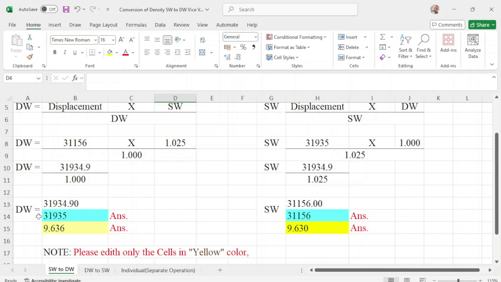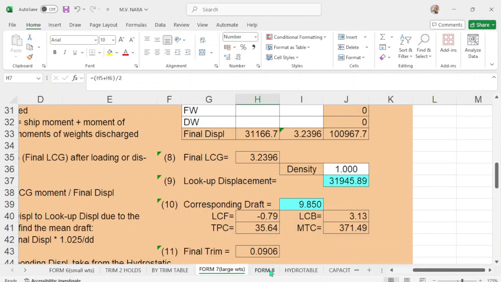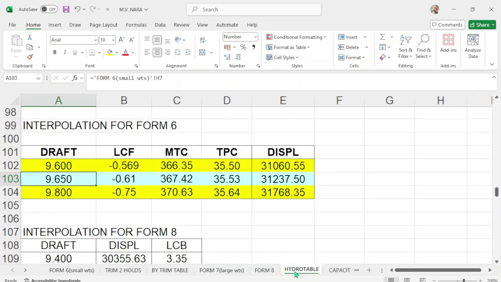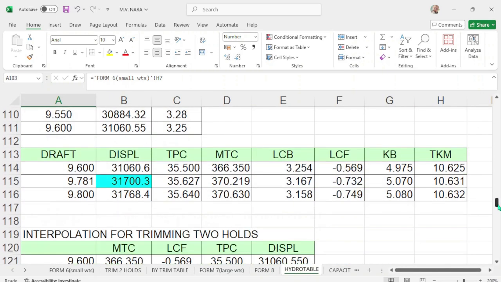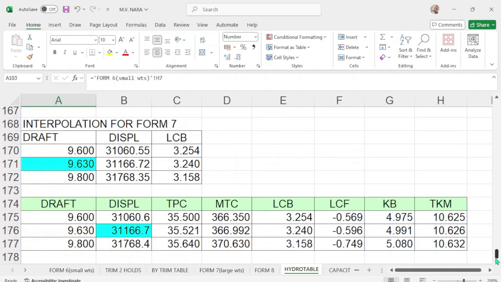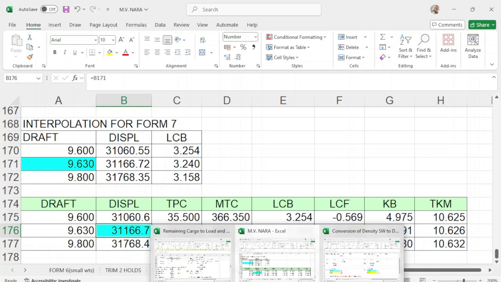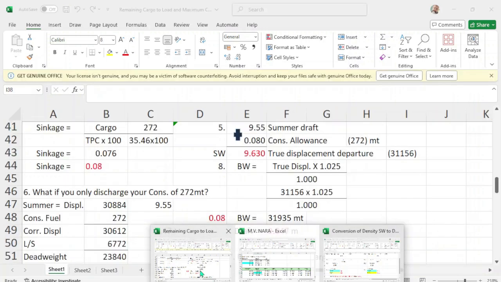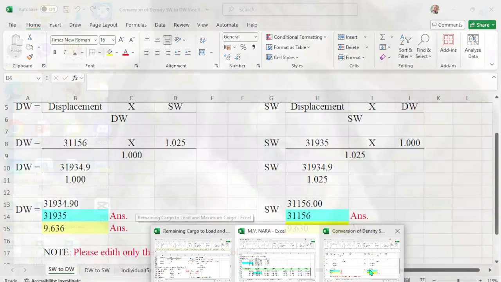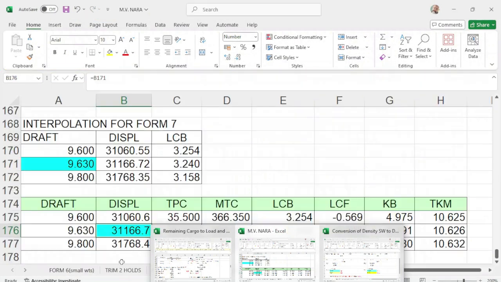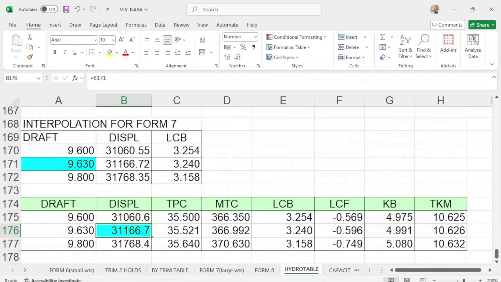So what is the corresponding drop to this displacement of 31935?